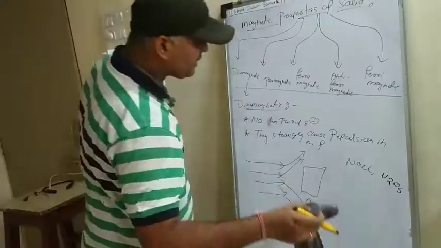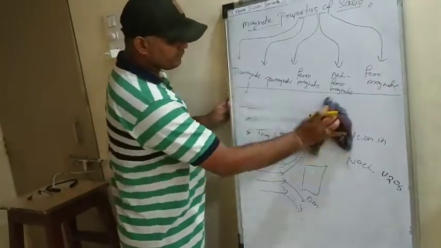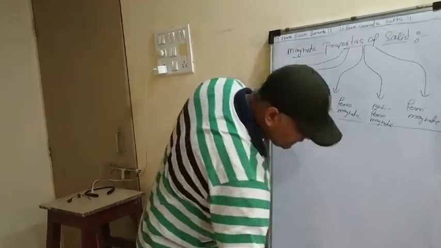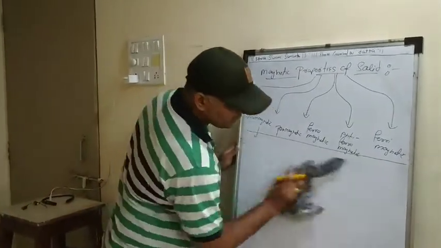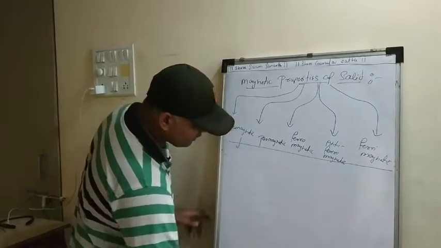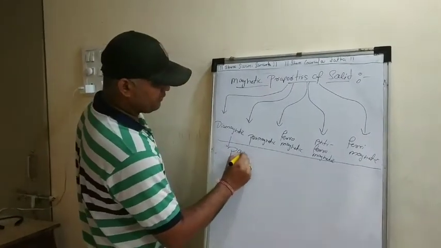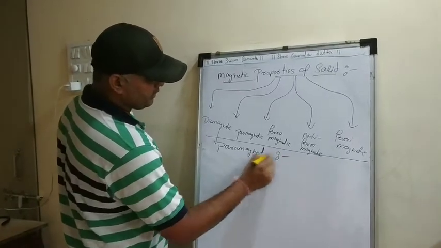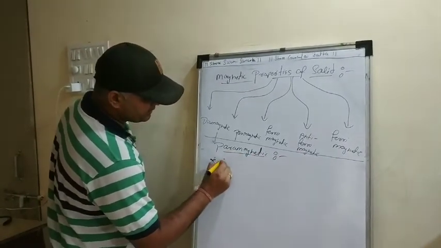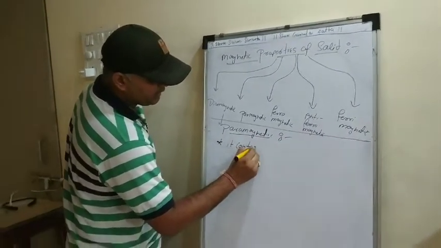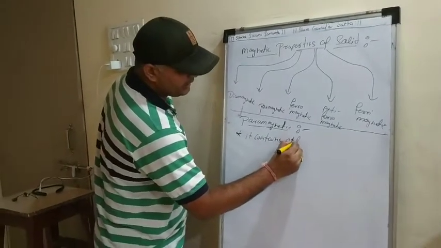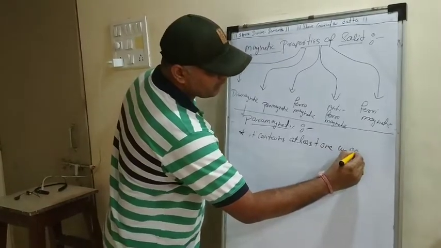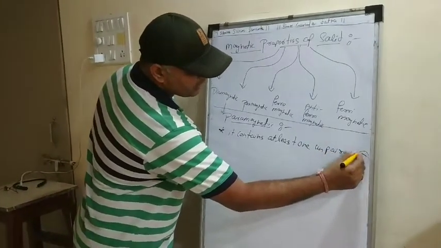Okay, let's move further. Let's understand the paramagnetic. Now what happens in the case of paramagnetic? In the case of paramagnetic, it contains at least one unpaired electron, right?